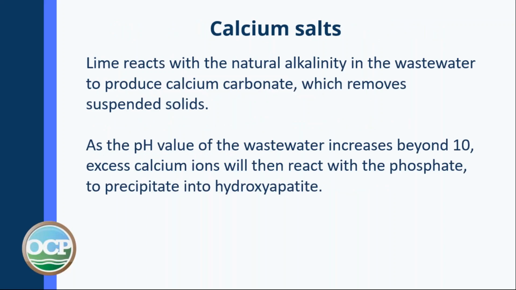With calcium salts, the lime reacts with the natural alkalinity in the wastewater to produce calcium carbonate, which removes suspended solids. As the pH of the wastewater increases beyond 10, excess calcium ions then react with the phosphate to precipitate hydroxyapatite.